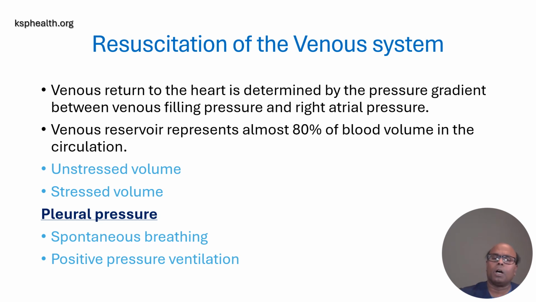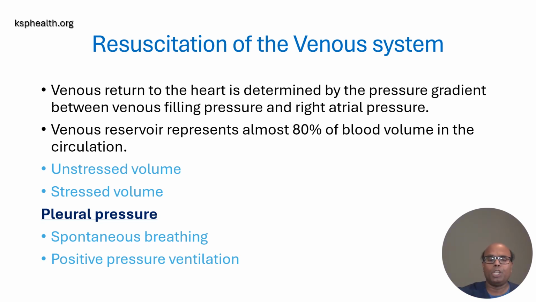The venous return to the heart is determined by the pressure gradient between venous filling pressure and the right atrial pressure, so that the flow can happen from the high pressure to the low pressure zone. The venous reservoir represents almost 80% of the blood volume in the circulation. The next slide will talk about unstressed and stressed volume.